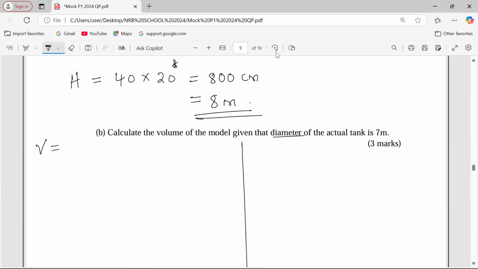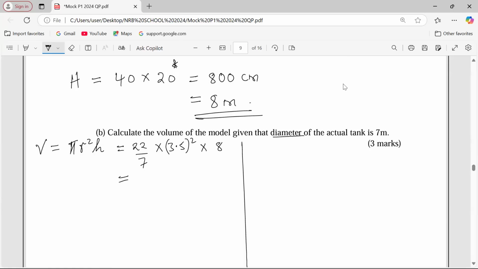Being a cylinder, the volume is given by pi r squared multiplied by height. Therefore, pi, the radius is 3.5, squared, times the height of 8 for the actual.